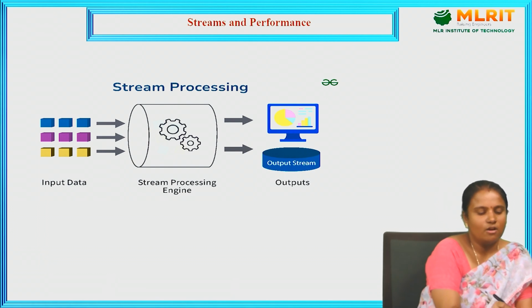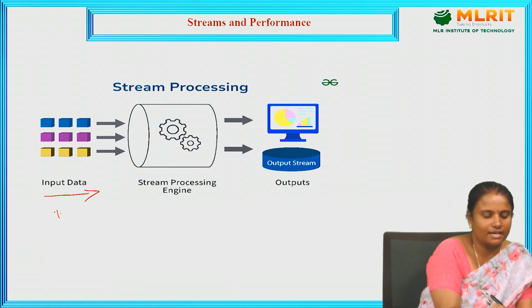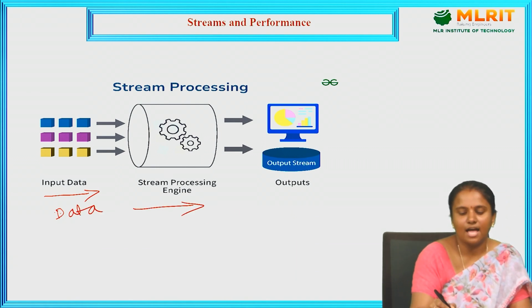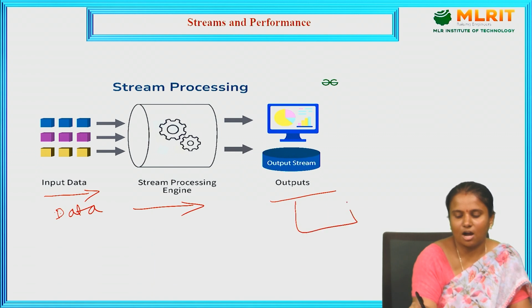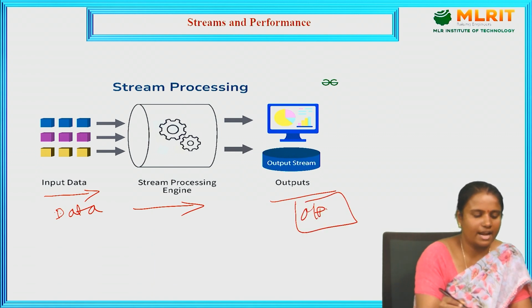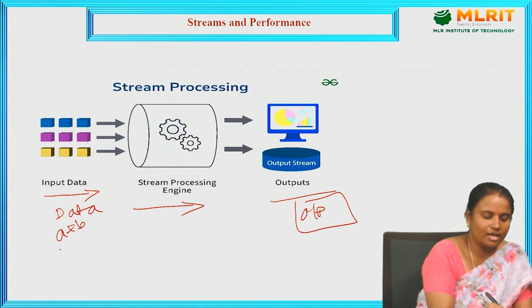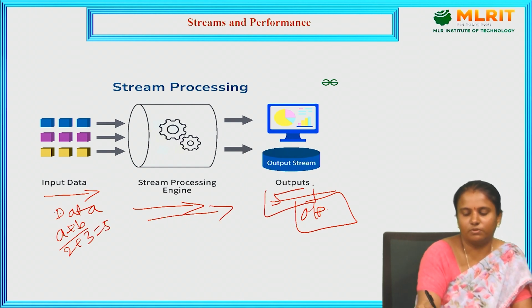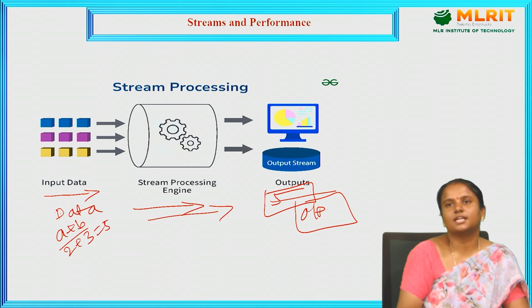So here, whatever data you are sending, you are transferring some data information. The stream processing engine processes the data and gives us output on the output screen. For example, I am writing the code A plus B in C language. Then it is streamed, processed, and the output is given on the monitor.